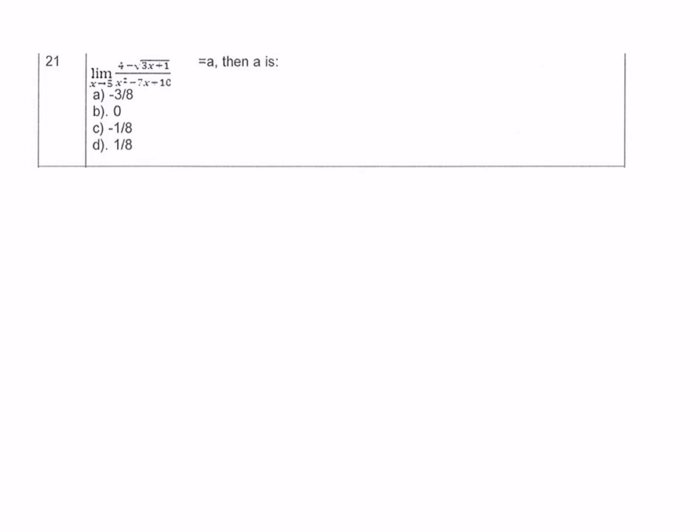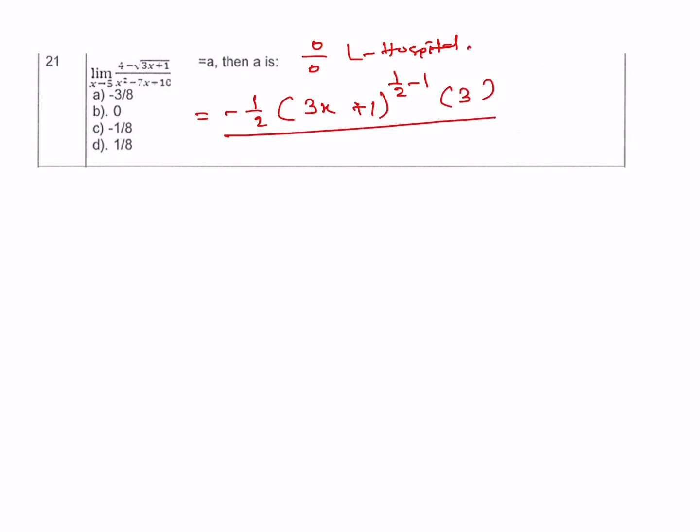So if you put the value of x equal to 5, you will get 0 by 0. So apply L'Hospital's rule. Then how much will you get? Minus half into 3x plus 1 to the power half minus 1 into 3, divided by, for x square minus 7x minus 10, you will get 2x minus 7.